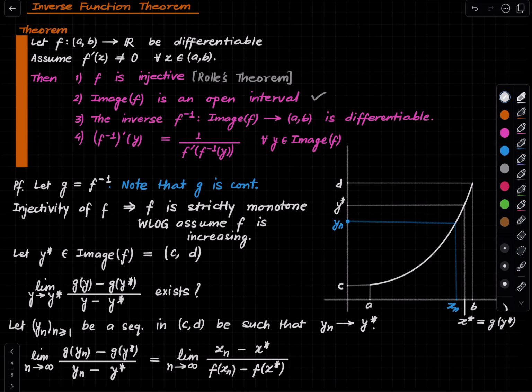So what is this? This is limit of 1 upon f of xn minus f of x star divided by xn minus x star. Right? But 1 upon x is a continuous function.